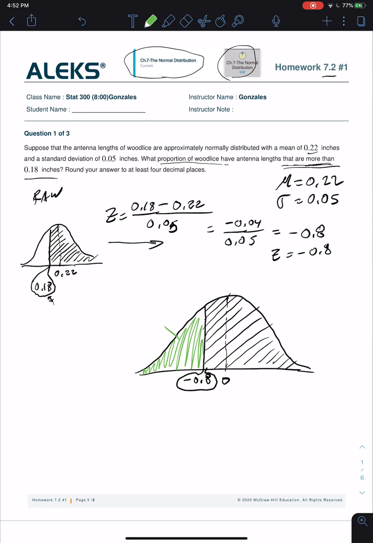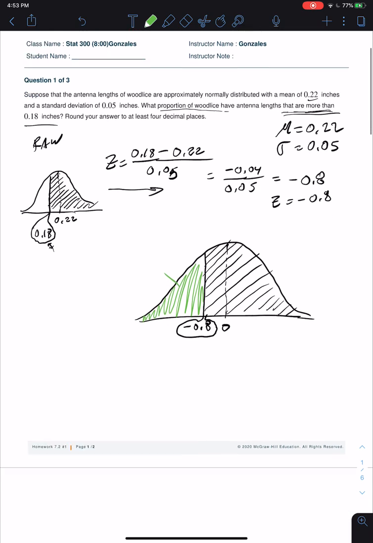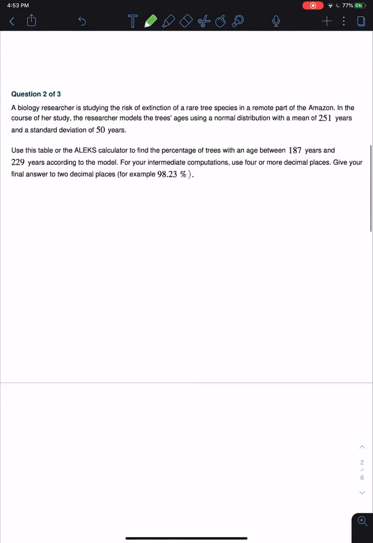Let's look at the table one more time. When we have a z-score, let's look it up. Negative 0.8 is going to be down here.